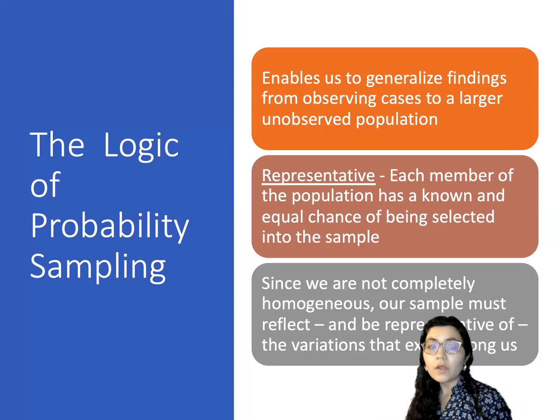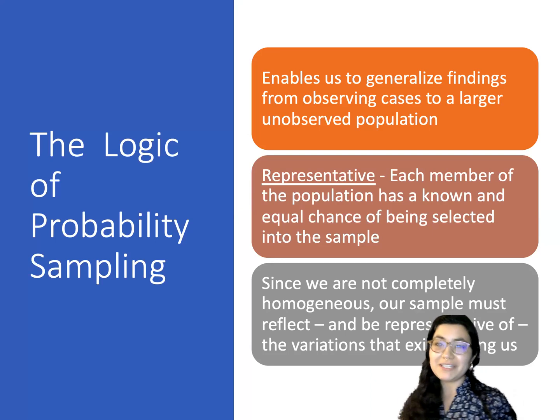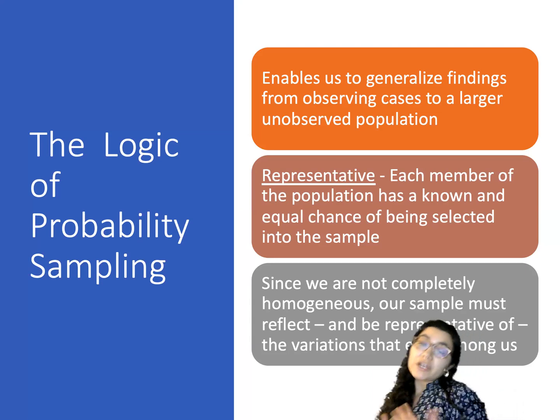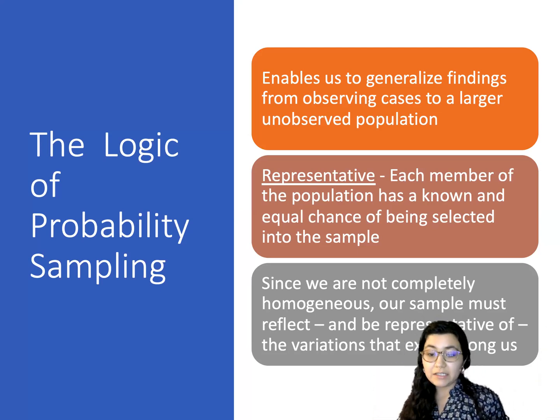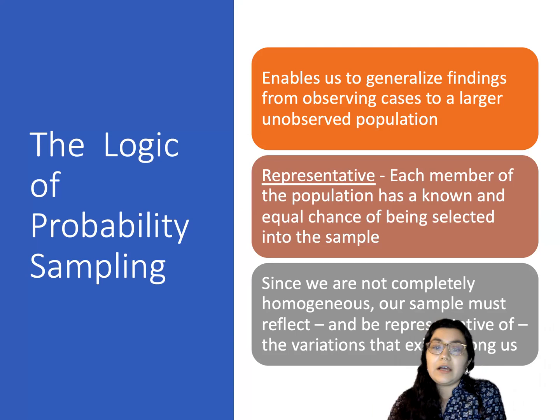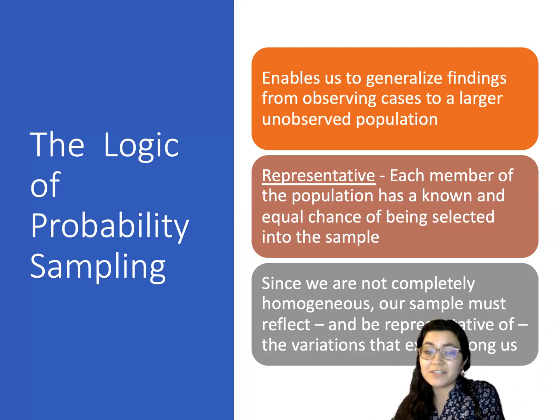So probability sampling in particular, as I stated prior, helps researchers generalize from observed cases to unobserved ones. So if I'm generalizing about my data, I can also generalize about data I haven't seen, if it meets probability sampling assumptions and logic. I can generalize about observations that I have not directly seen.